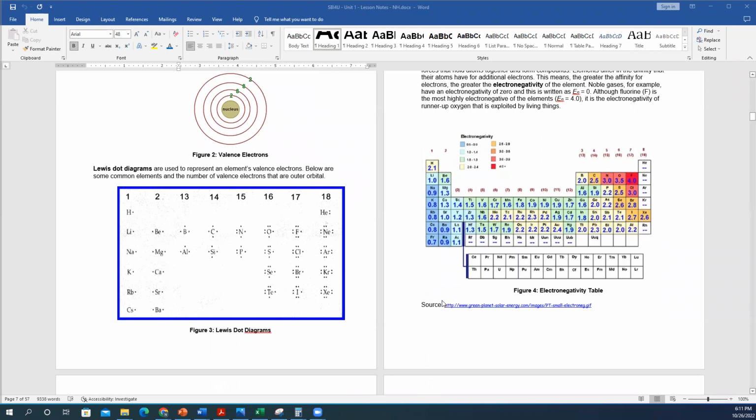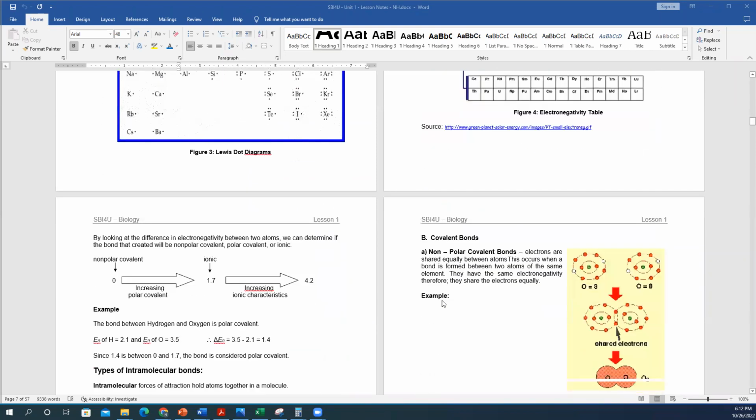And so you can use that concept of electronegativity to give you an idea about what kind of bonds that atom will form with other atoms, whether it will be forming a covalent bond where the electrons are equally shared, or an ionic bond where it is completely donating its electron, or completely accepting an electron to form an ion, either a cation or an anion.